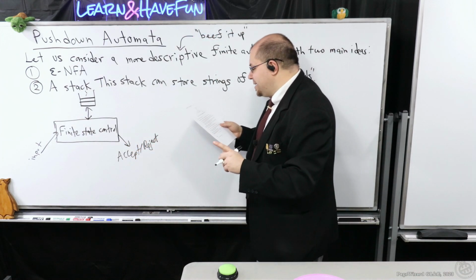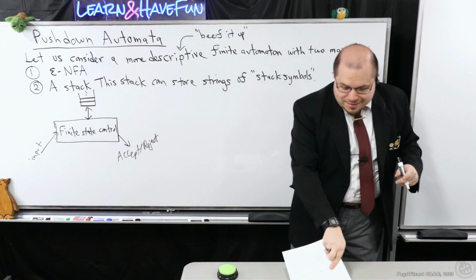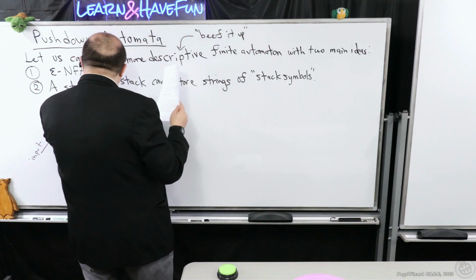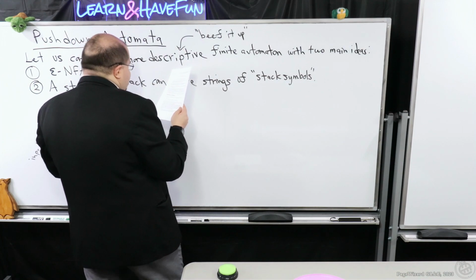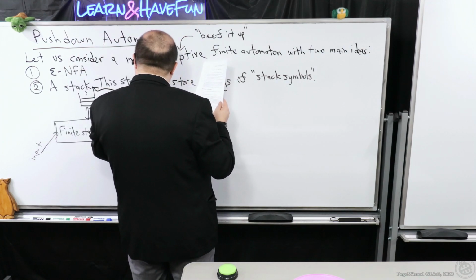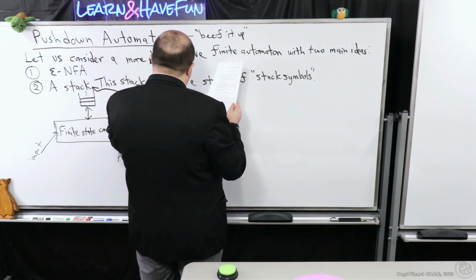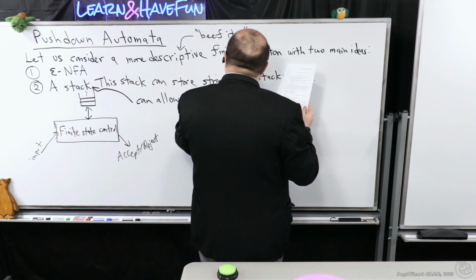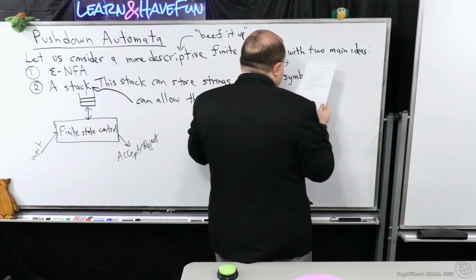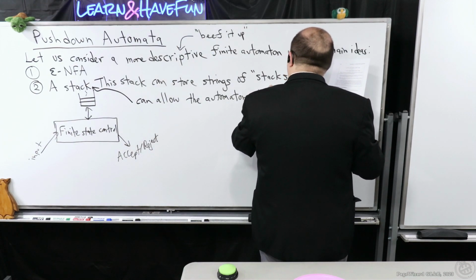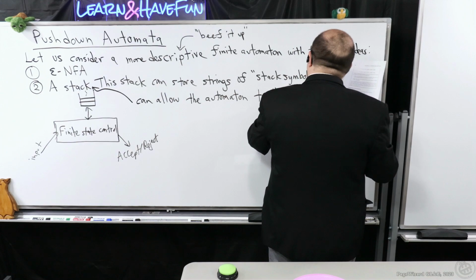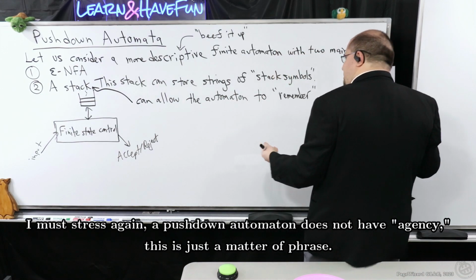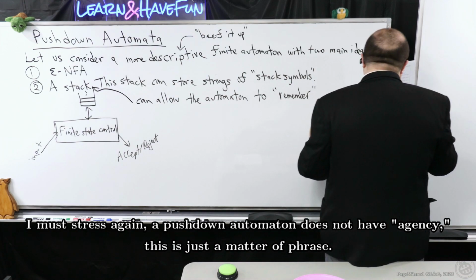The reason why I'm bringing in the stack is that this stack can allow the automaton to, and I'm going to use the word remember because I'm just adding some agency to a machine which does not have agency.